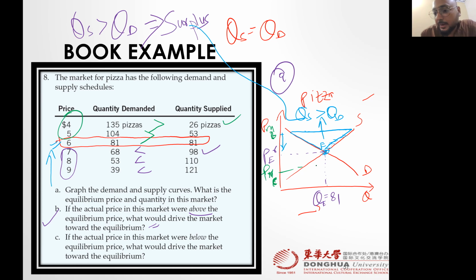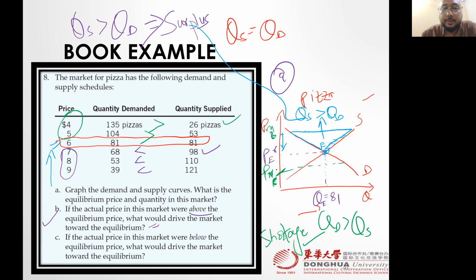If the market price is here, you see quantity demanded is greater than quantity supplied. What do we call this? Shortage, right? So what happened when shortage occurred?